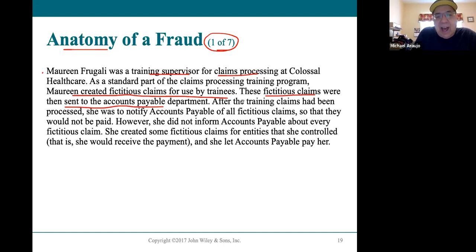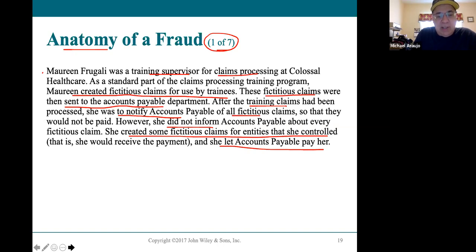After the training class, she had to notify accounts payable of the fictitious claims so they wouldn't be paid. However, she did not inform accounts payable about every claim. She created some claims for entities that she controlled, and she would let accounts payable pay her the extra money.